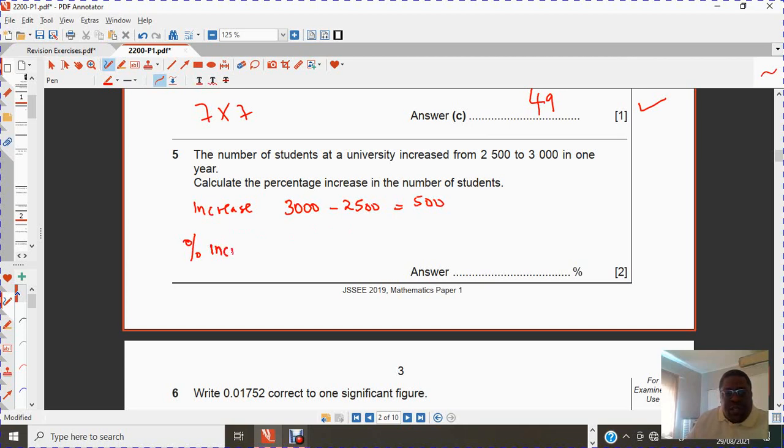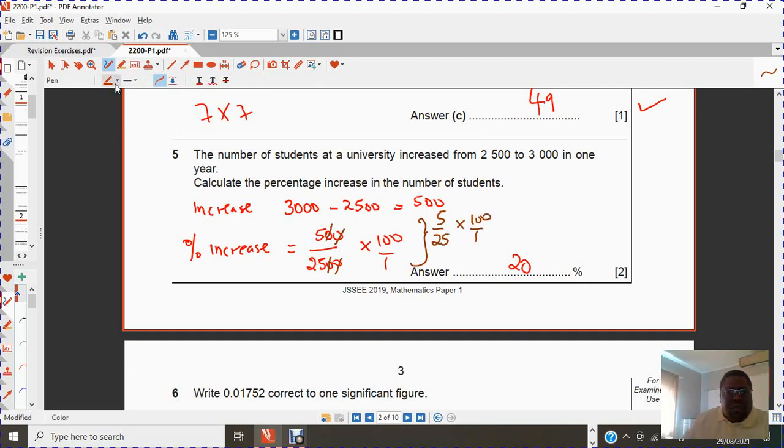So the percentage increase would be that actual 500 over the original amount, being 2,500, multiplied by 100 over 1. Eventually, the way I get to 20%, maybe you can play around with it: you can realize that, wait a minute, this gives you the same as 5 over 25 of 100.